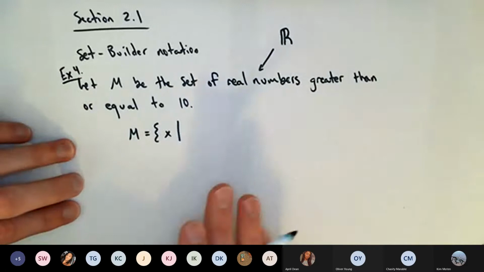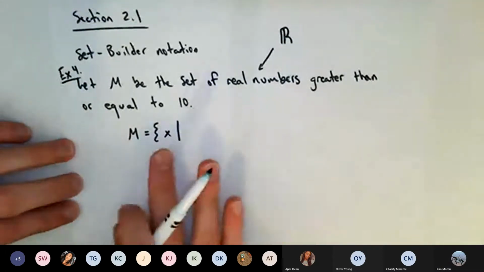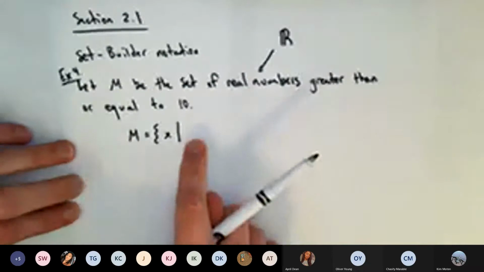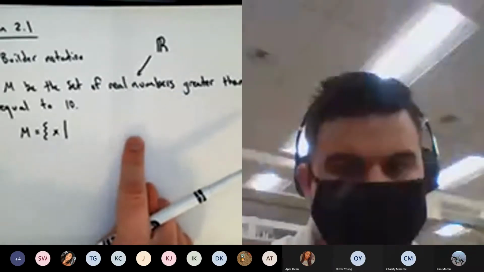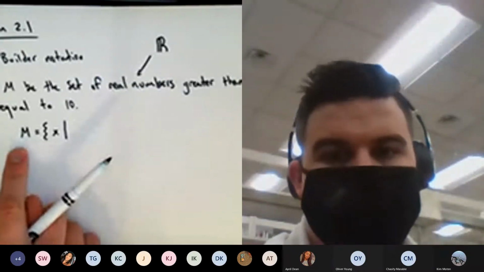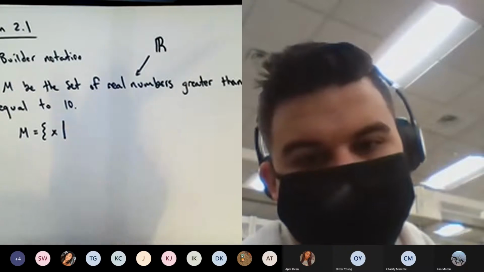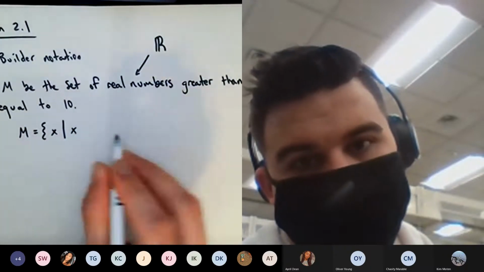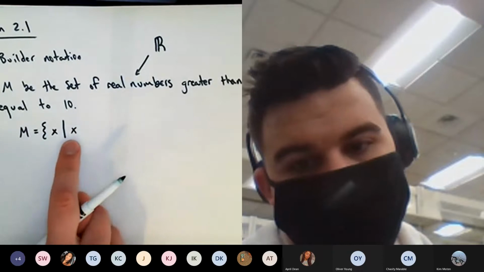So what this means, well, I'll write how you read this after we get the latter part here. So this part here is actually going to describe how you get into the set M. And there's two things that get you into the set M. First of all, X has to be a real number. So how do I describe that?